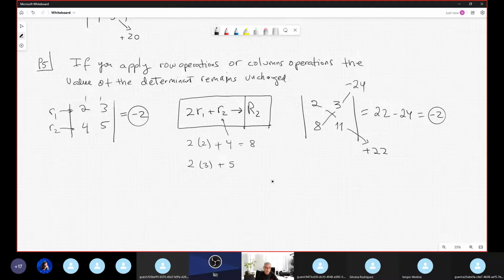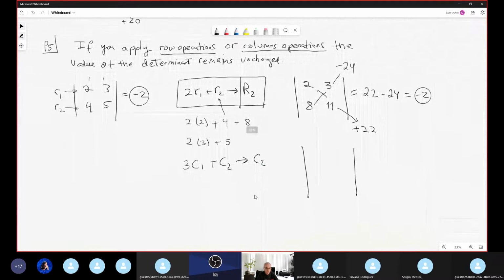And what happens with the column? Yes, row operation or column operation. Suppose, hypothetically, another column operation: 3 times C1 plus C2 goes into C2. And we get the new determinant. Let me explain the operation. You multiply by 3, we have 2 columns: column 1 is 2 and 4, and column 2 is 3 and 5.